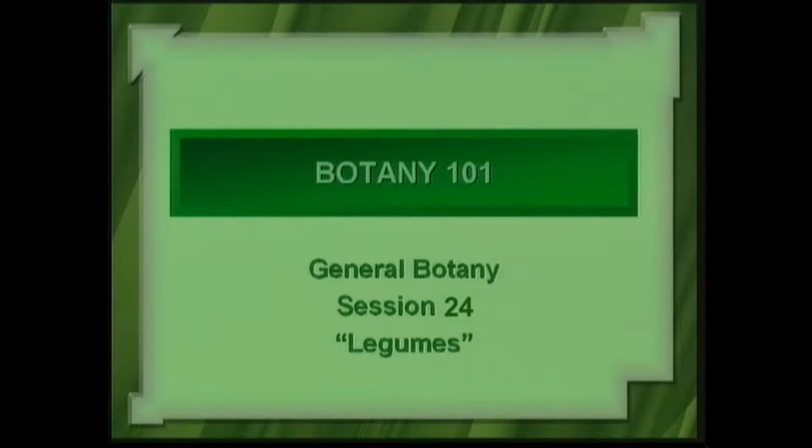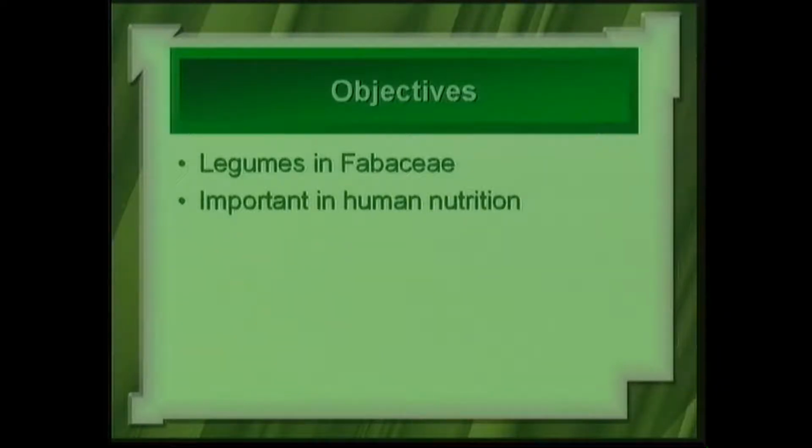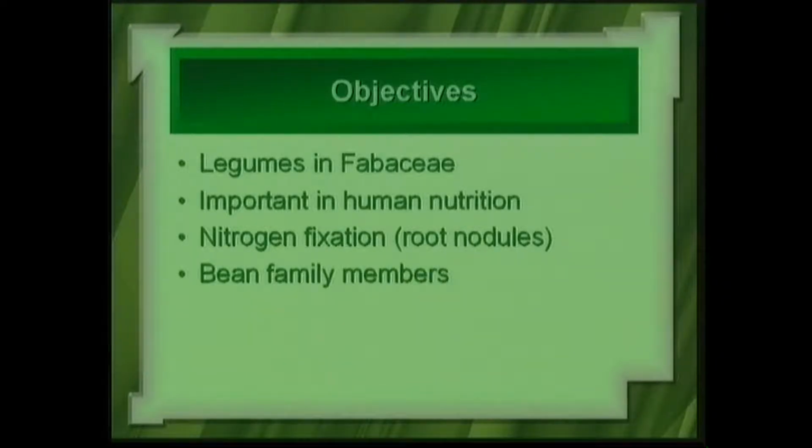Our objectives include what family the legumes are in, how important they have been and may continue to be in human nutrition, and one of the reasons why they are so important: nitrogen fixation in root nodules. And then we're going to talk about the bean family members.